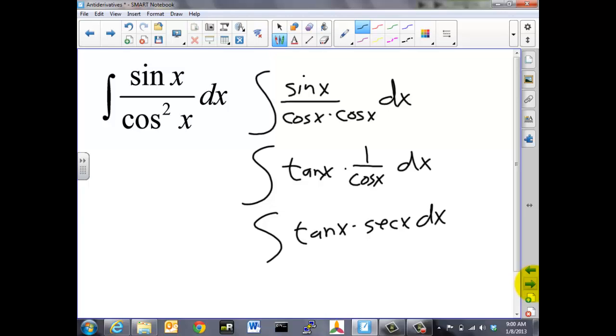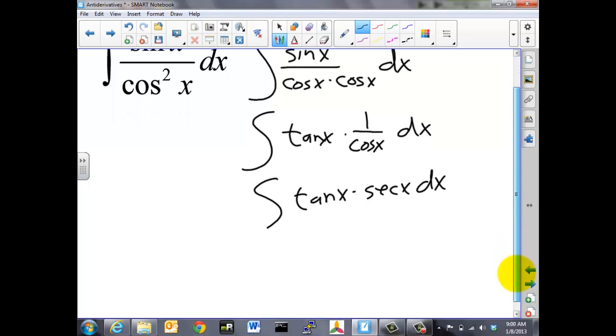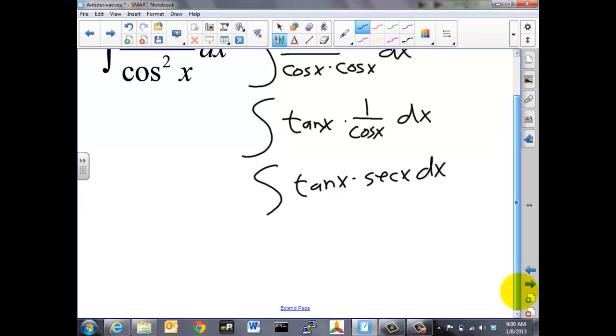Is there something that has a derivative of sec tan? The derivative of secant is sec tan. Look back on that page. Maybe the derivative of tan is sec squared. The derivative of secant is sec tan, plus c.